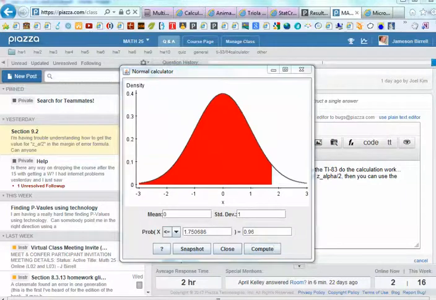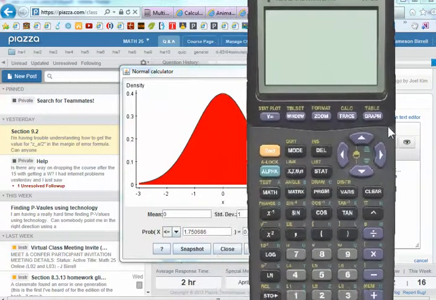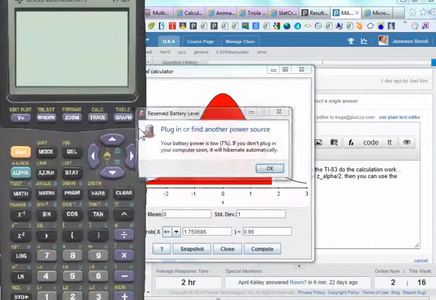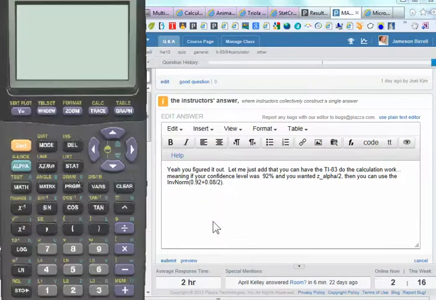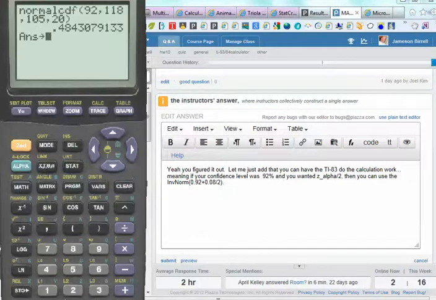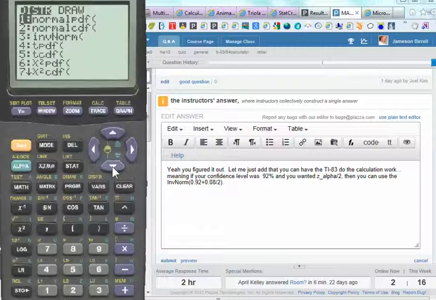Then I can use the calculator. I'm going to put the calculator up here, and make room for it over here. So on the calculator, what we do is we go second vars, which gives us our distribution choices, normal, CDF, inverse norm. These are the ones for standard normal distribution, or for any others if you change the default settings.